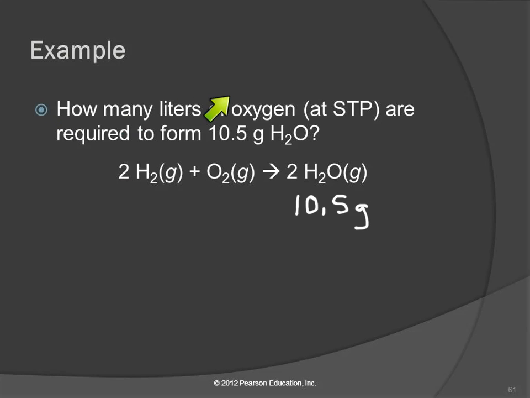Question is, how many liters of oxygen? The question mark, liters. They're not specifically saying the temperature is this, the pressure is this. They're just saying at STP. That does tell us the temperature and pressure, though.